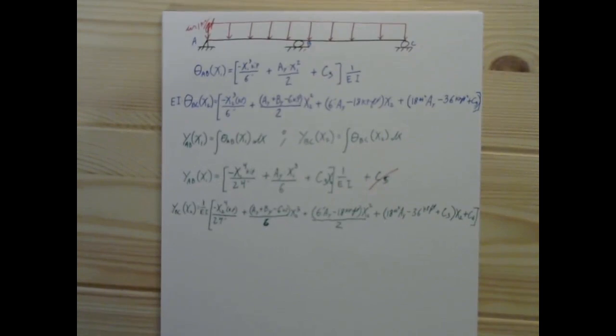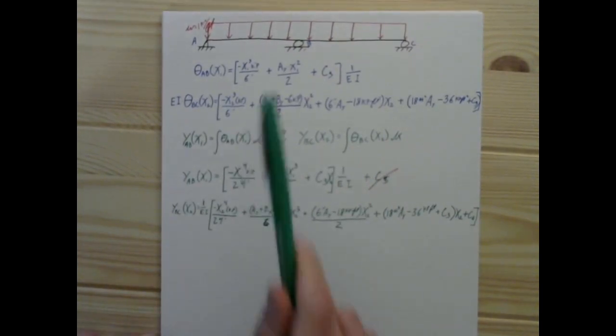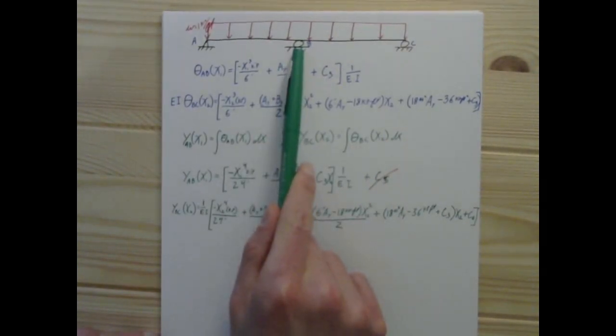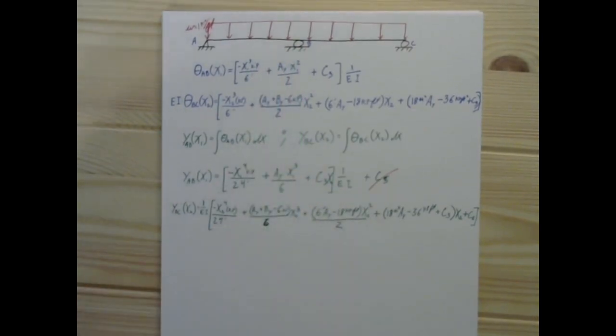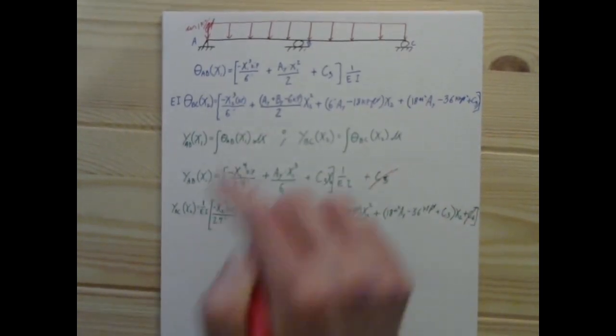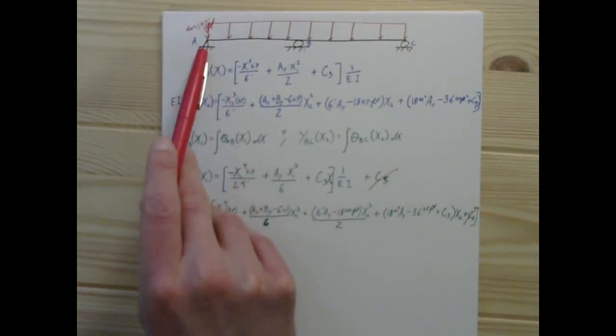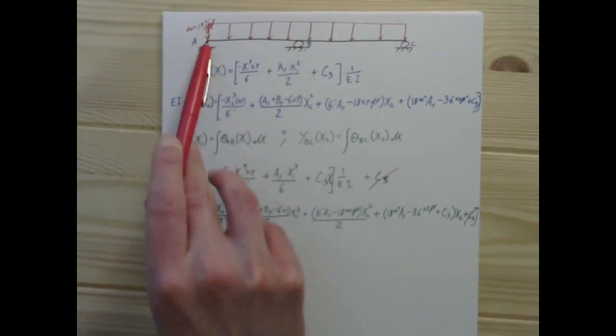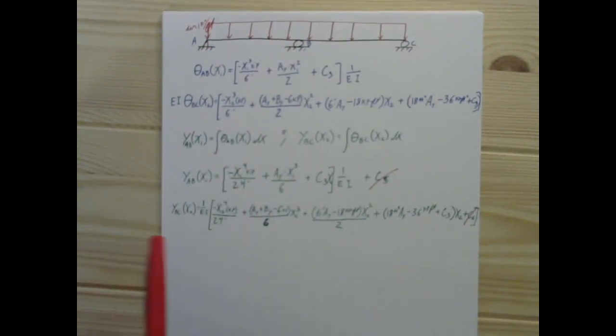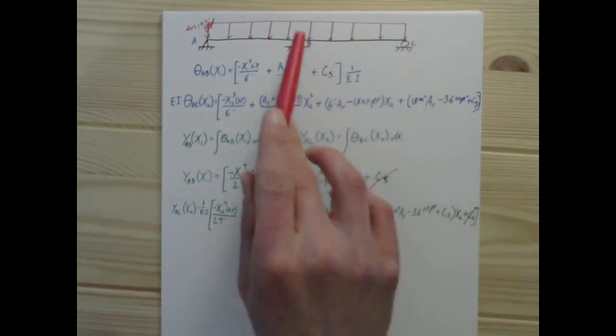Now, once again, fortunately, we've got this boundary condition going on right here. That boundary condition tells us that C6 also has to be 0, because there sure isn't any deflection going on right there. So now we've considered the boundary condition for AB for this point, and the boundary condition for BC for this point.